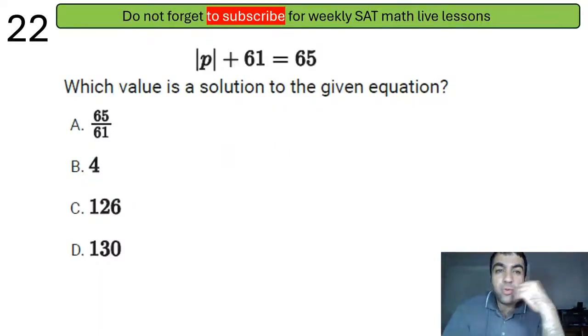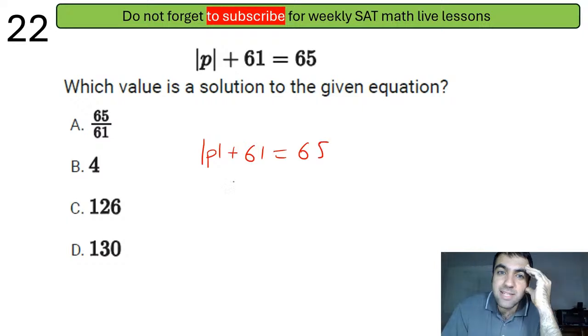Which value is a solution to the given equation? Mr. Saif says it is B. Mr. Şahin says it is B. Let's have a look. P plus 61 is equal to 64. Let's subtract 61 from both sides of the equation.